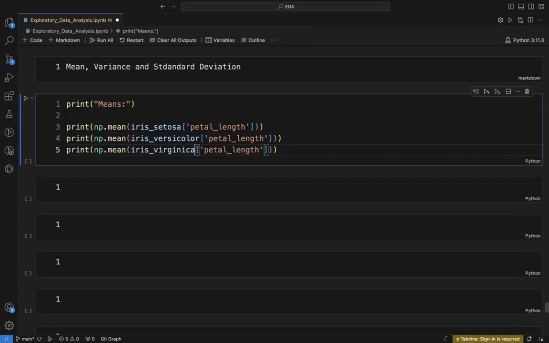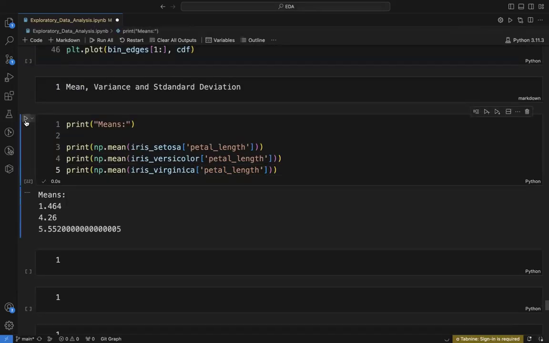So for every one of the 3 flowers, Setosa, versicolor and virginica, I am passing the petal length and calculating the mean by using numpy's np.mean. So I am getting the mean of all these 3 here.